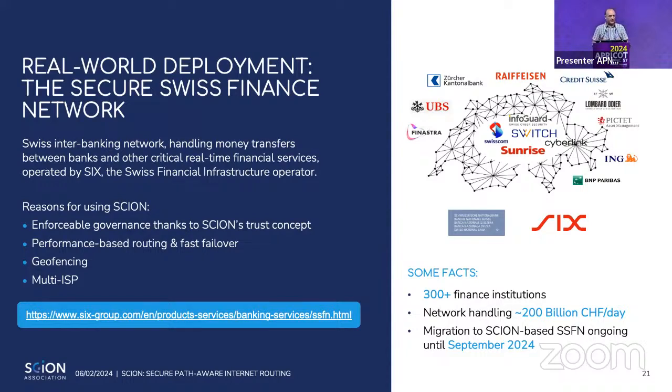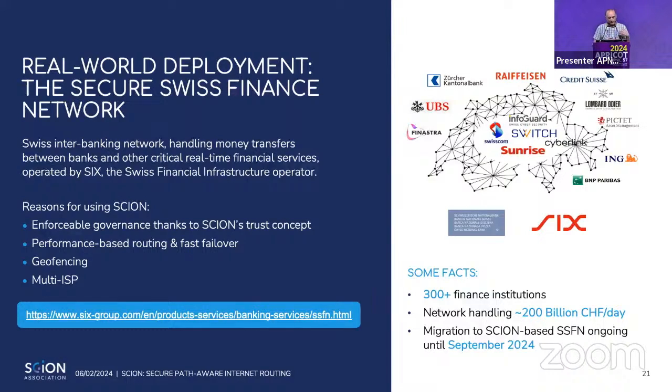So is this actually being used? And the answer is yes. This is currently being used by the Secure Swiss Finance Network. So this is a network of Swiss financial institutes, including the Swiss National Bank, operated by an operator called SIX, the Swiss Financial Infrastructure Operator.